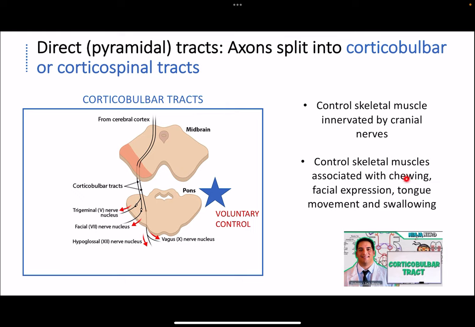So things that are associated with chewing, facial expression, tongue movement, swallowing, these are innervated by lower motor neurons that receive their stimulation from upper motor neurons in this corticobulbar tract, right?